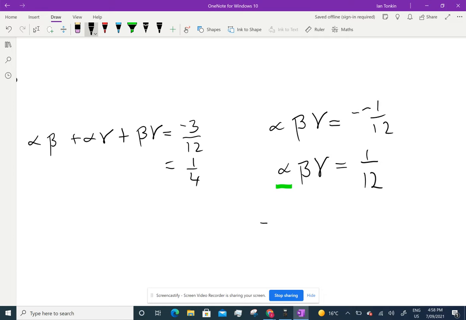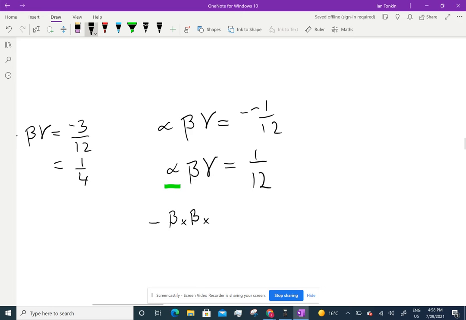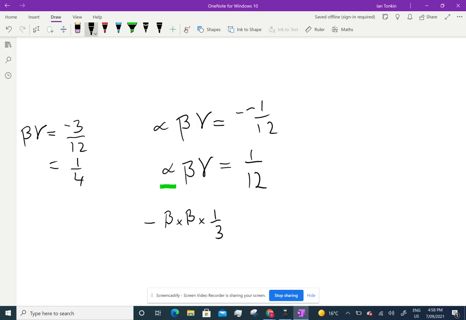So minus beta times beta times, but what was gamma? 1 on 3. 1 on 3 equals 1 on 12. So that's minus beta squared.